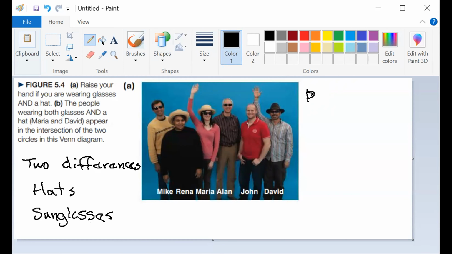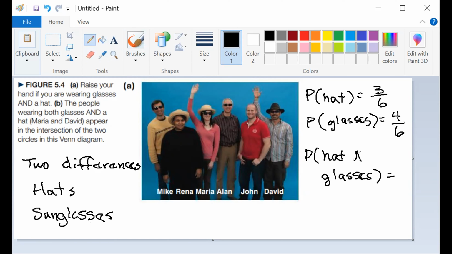Actually, hold on, I'm going to rewrite that. Just to make it clear how important this is, I'll write it in all caps: a HAT AND GLASSES. So how many people have a hat and glasses on? This person has a hat, but no glasses. This person has sunglasses, but no hat.